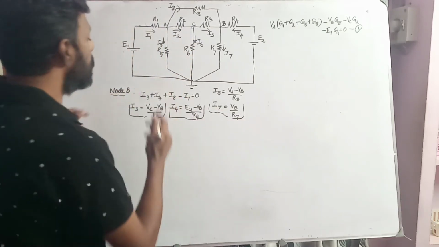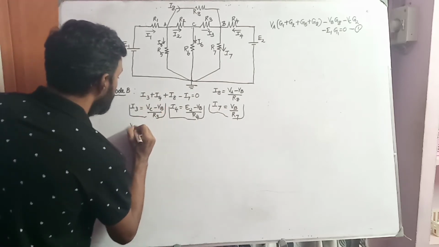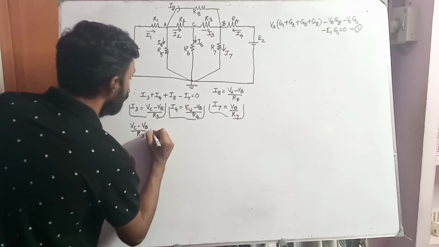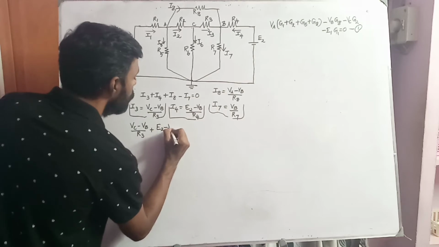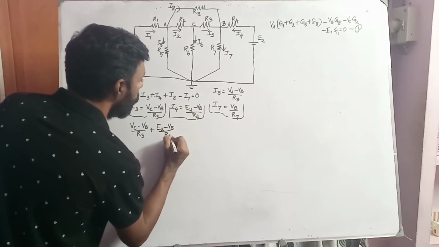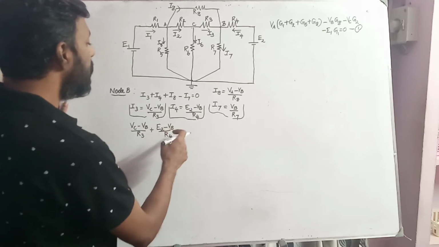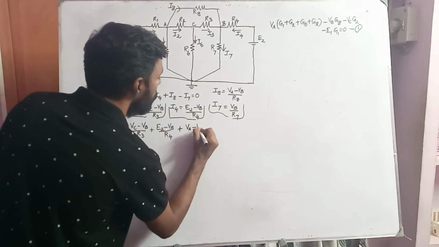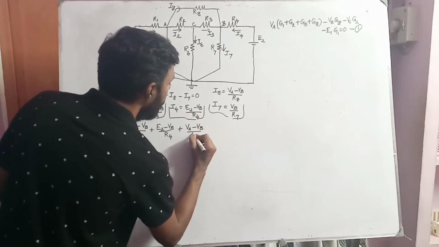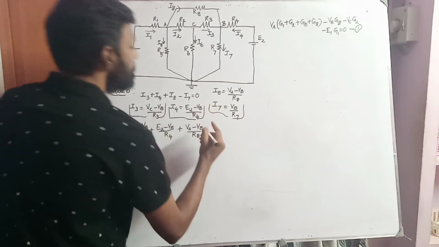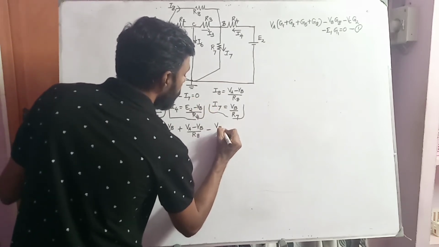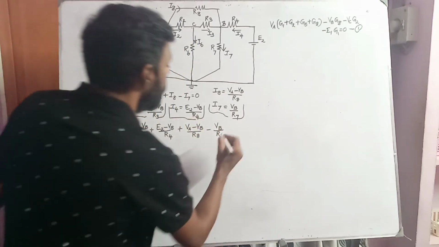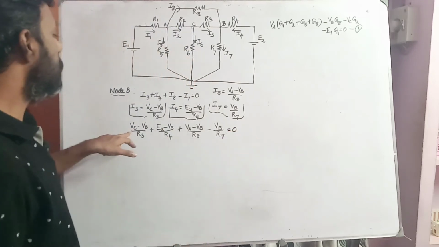So now I'm going to substitute in this equation. It will become VC minus VB divided by R3 plus I4, which is E2 minus VB divided by R4, plus I8, which is VA minus VB divided by R8, minus I7, which is VB divided by R7, equal to 0.